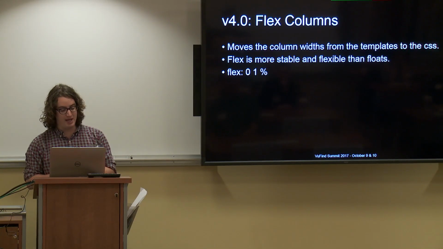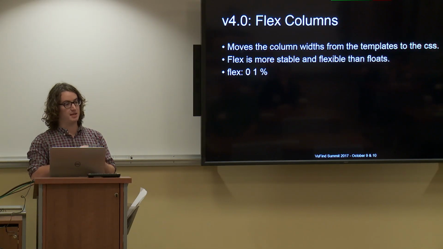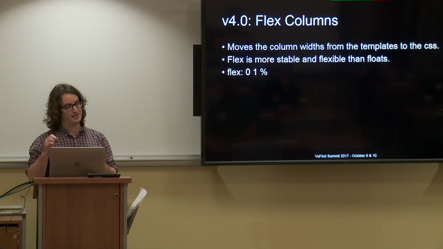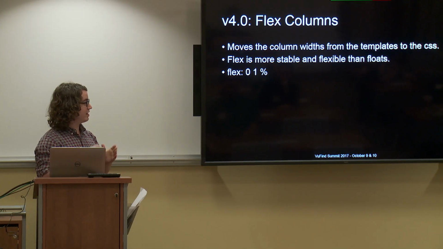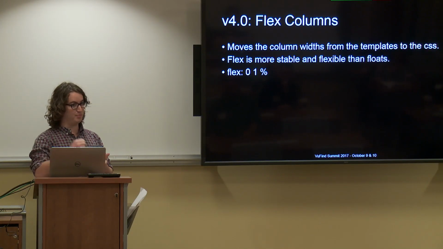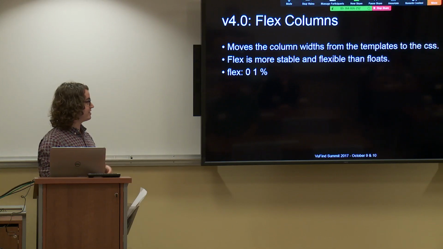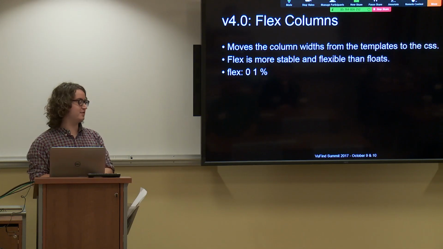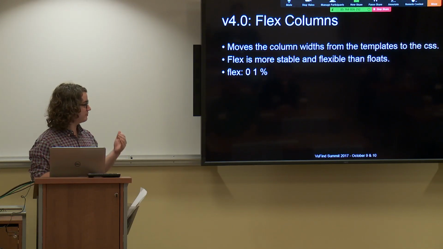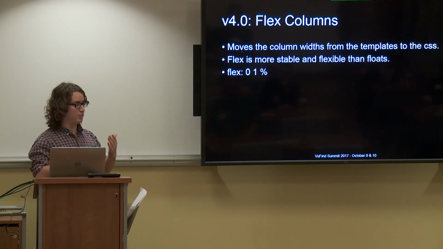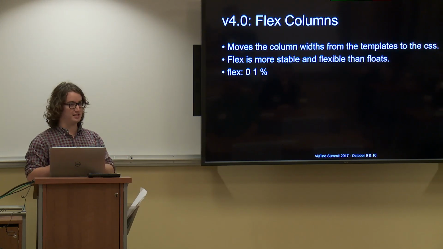One of the new things I did add was flex columns. As I pulled out the Bootstrap hard-coded classes, the column widths that were hard-coded in have been pulled out. And I used flex columns, which is a newer CSS feature, to take over that. There's a lot more responsiveness built right into the flex columns. They wrap. I didn't have to put as much work into finding the right breakpoints.